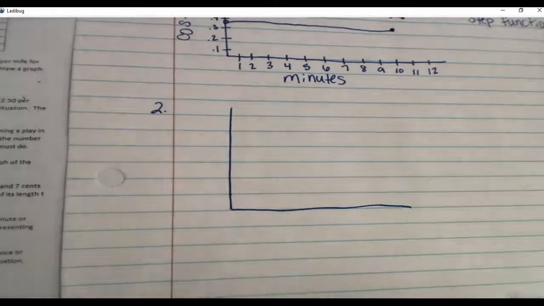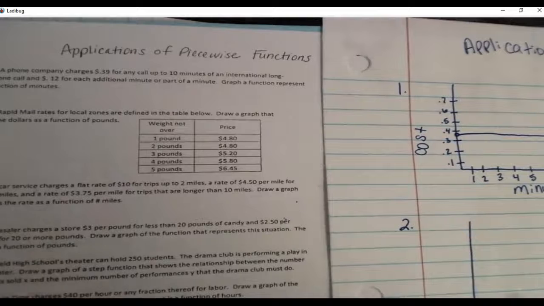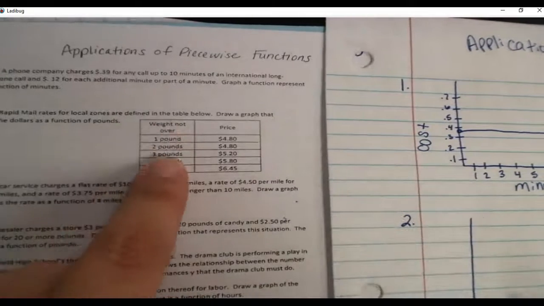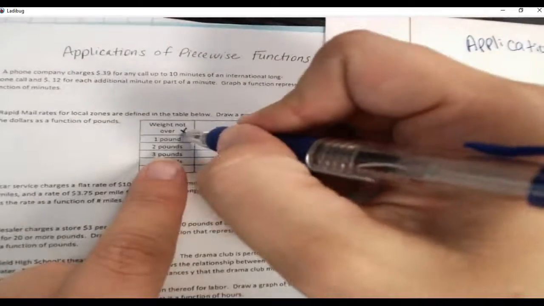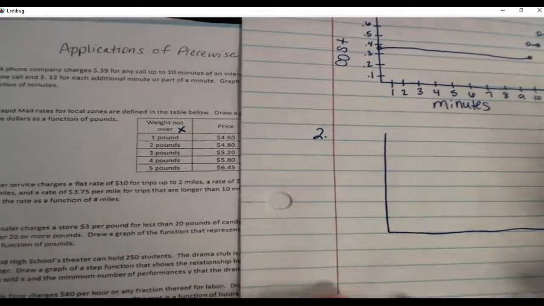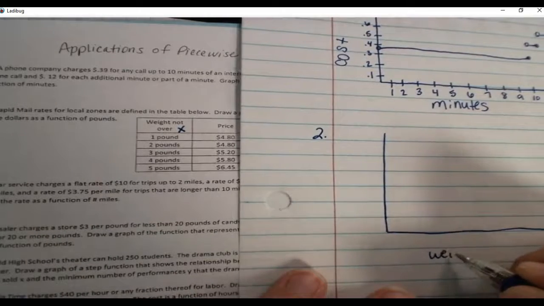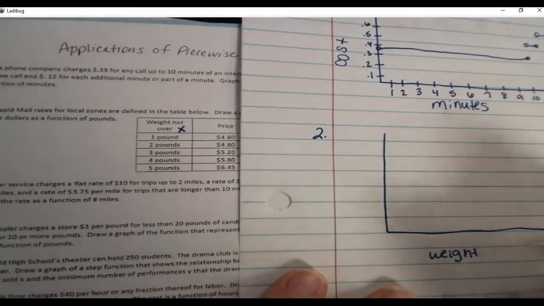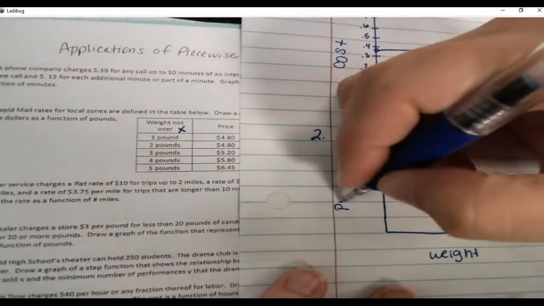If I look at this table, I have the weight and I have the price. Which of those would be the X value? Yeah, the weight. So the weight is our X. The price is our Y. Down here at the bottom we have the weight, and on the side we have the price.